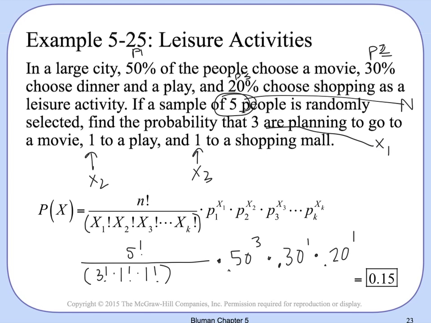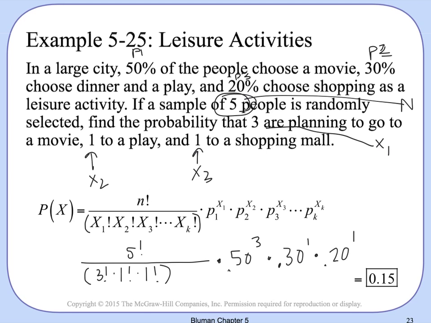So 5 factorial divided by parenthesis 3 factorial times 1 factorial times 1 factorial, or I'm just going to write 6 because I'm too lazy to write all that in there, times 0.5 raised to the third times 0.3 raised to the first times 0.2 raised to the first.